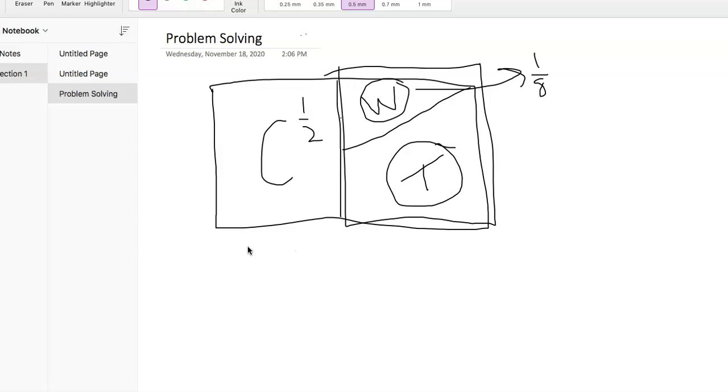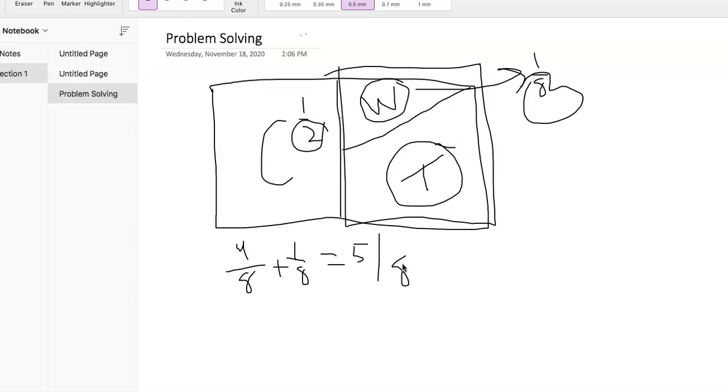To get the same denominator and make the math easier, if we wanted eighths for both, corn would be 4/8. 4/8 and 1/2 are the same, and wheat was 1/8. That means corn plus wheat equals 5/8 of the field. Hopefully everybody's still with me.